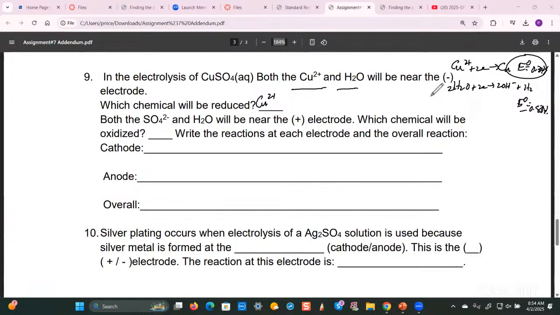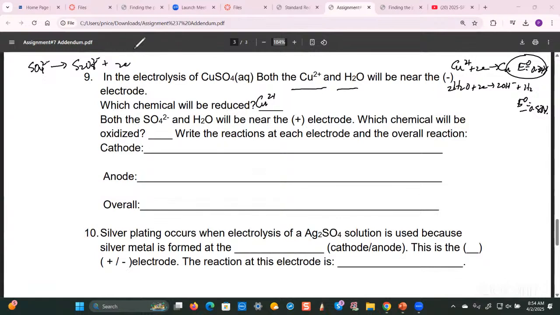And then it's asking for the same thing for the sulfate. Again, my fault, I should have provided space for doing this part, so let me do it over here. So in the case of the sulfate, we saw that already, SO4 2 minus undergoing oxidation to form S2O8 2 minus plus 2 electrons.